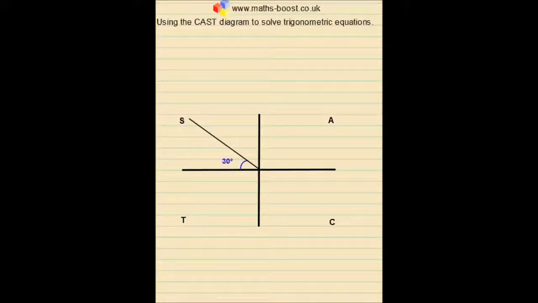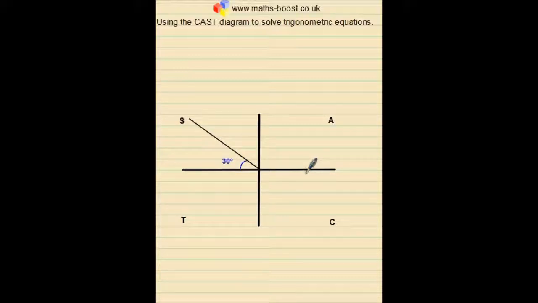I'll also add this is how you read angles from your completed CAST diagram. So for example, this angle would be read as 150 degrees, since we always start from this reference position on the positive x-axis. We could continue rotating through 360 degrees, and so this could also be described as 510 degrees.